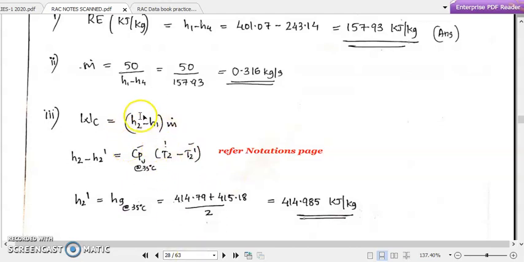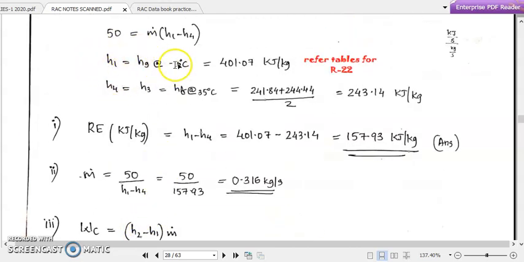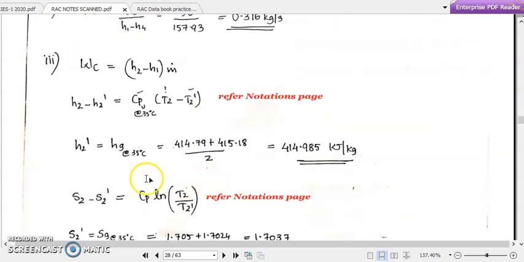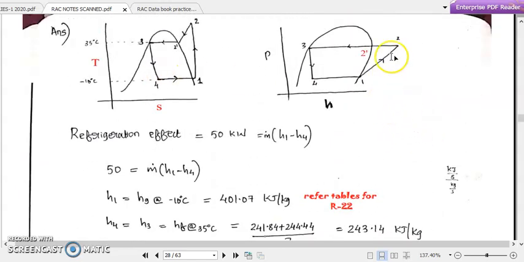Please wait. Now let us consider this H2 minus H1. H1 we have already found out, the Hg value at minus 10 degrees Celsius. But what is the value of H2? In order to find that, again let us consider our pressure enthalpy diagram.